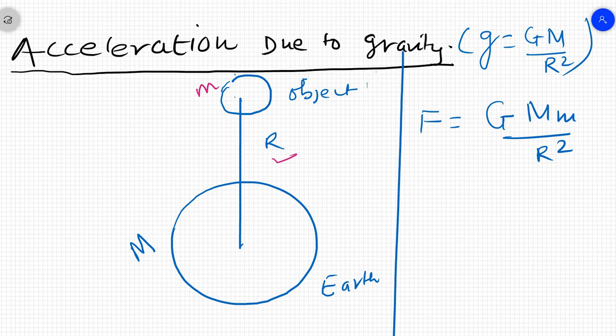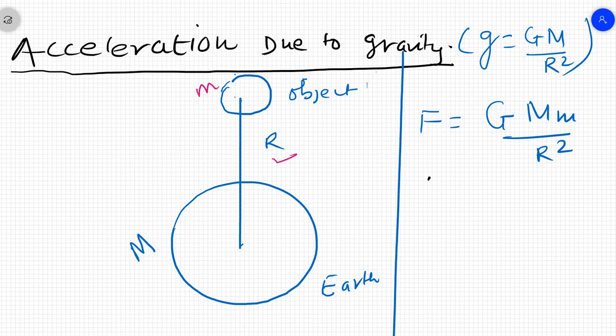So this is the force by which earth is attracting the object. This is the force that is applied on the object. When you apply force to an object, the object moves. Remember Newton's second law of motion, where you have learned F is equal to ma.